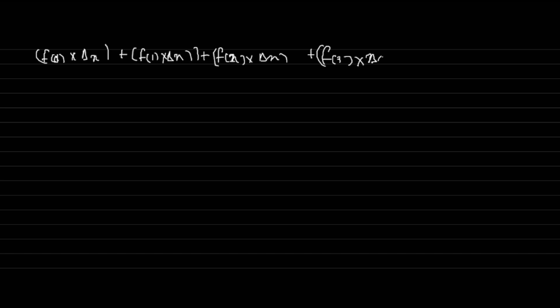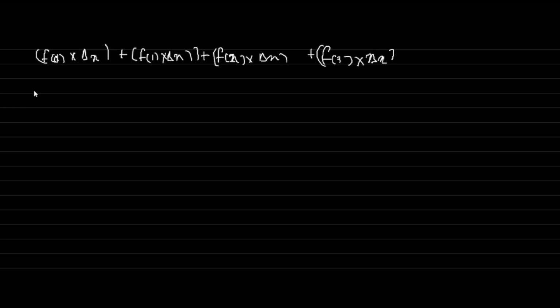So it's going to be f of 0 times delta x plus f of 1 times delta x plus f of 2 times delta x plus f of 3 times delta x.